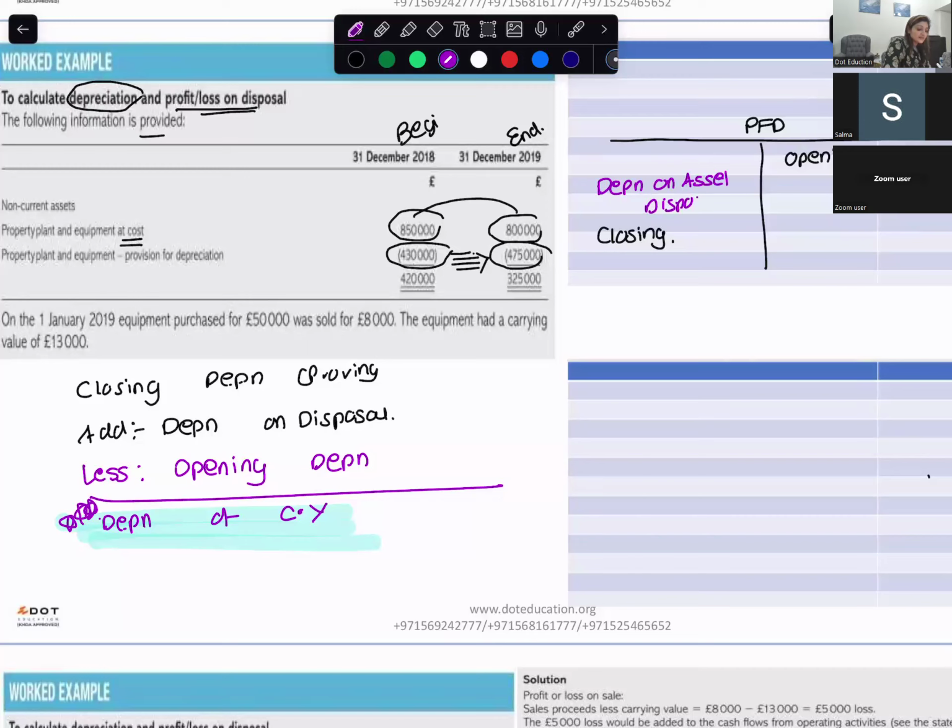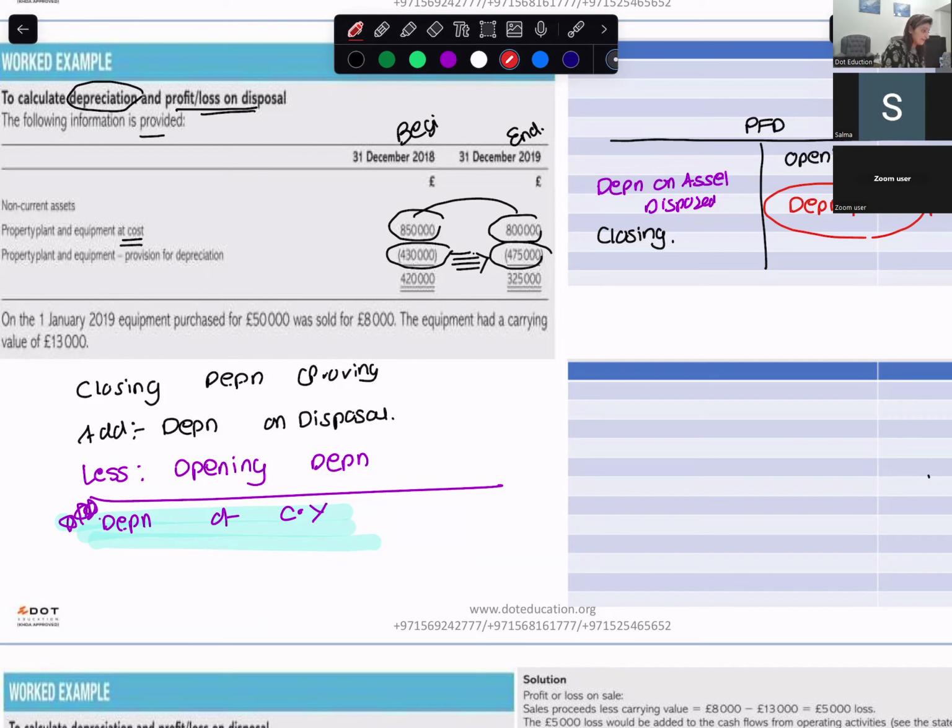And the main thing that you have to find out is your depreciation for the current year. You can choose any of the methods. Why do I have to find out depreciation of the current year? Because I need to add it back to your operating profit. Are you with me?